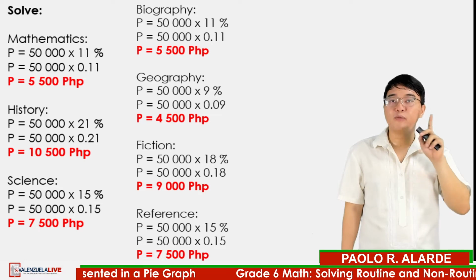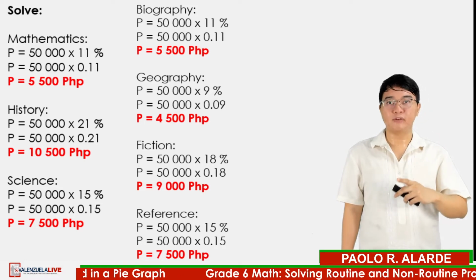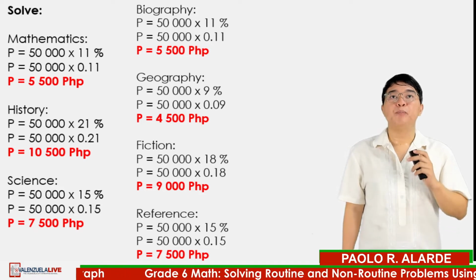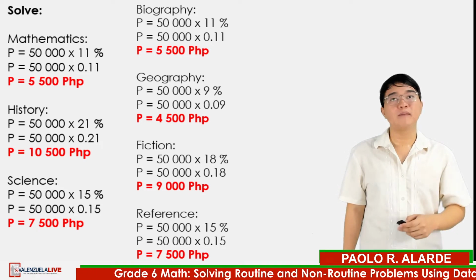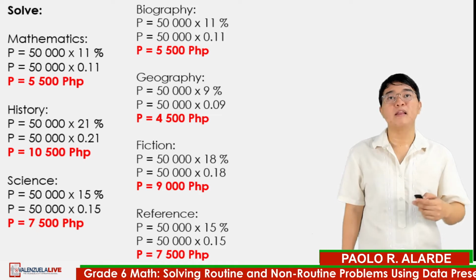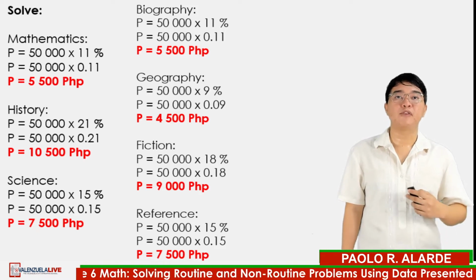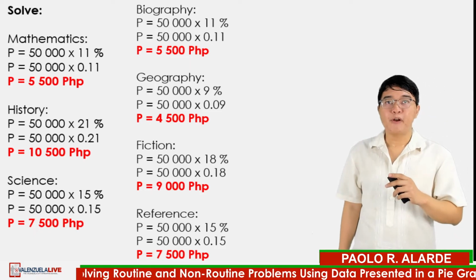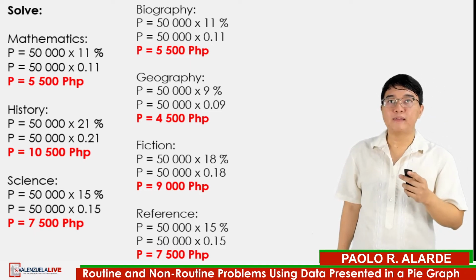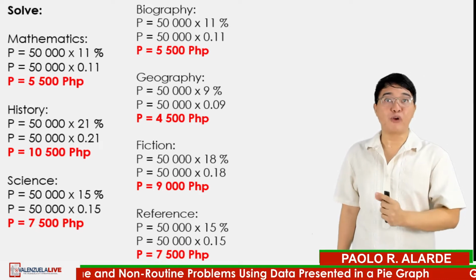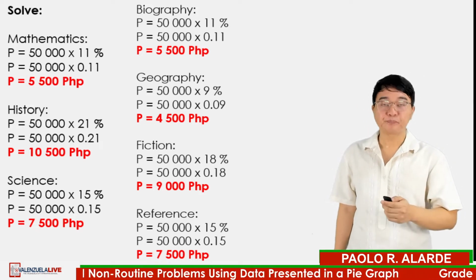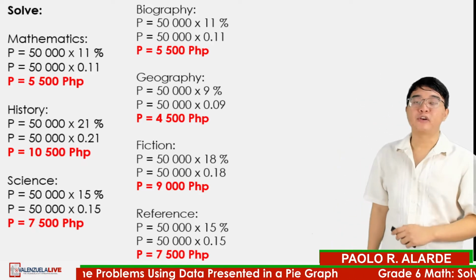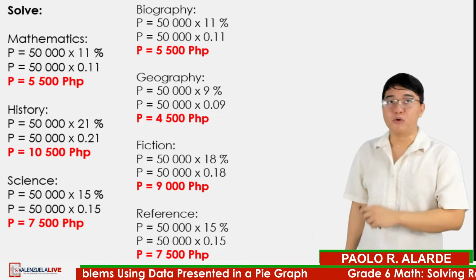For mathematics, we have 5,500, history 10,500, science 7,500, biography is 5,500, geography is 4,500, fiction is 9,000, and for the reference books is 7,500. Remember that we are solving for the amount that should be spent for each type. So there should be 7 answers in here because there are 7 types of books.